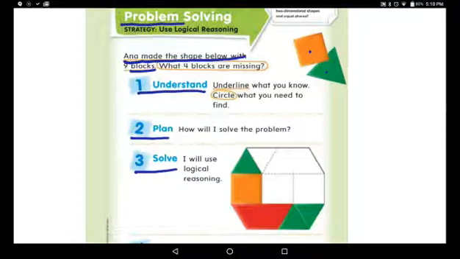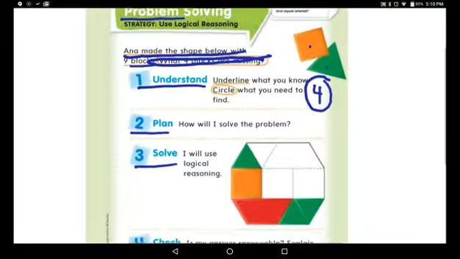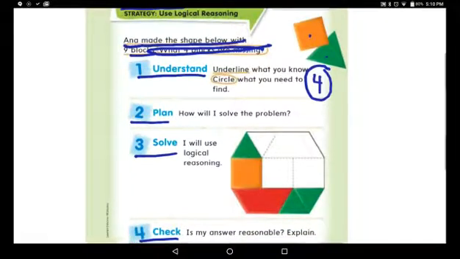What are the 4 blocks that are missing? These things. So I need to find 4 shapes. Remember it's 4 shapes. Now we're done with the first step, which is understanding the word problem. I need to find the missing 4 shapes.